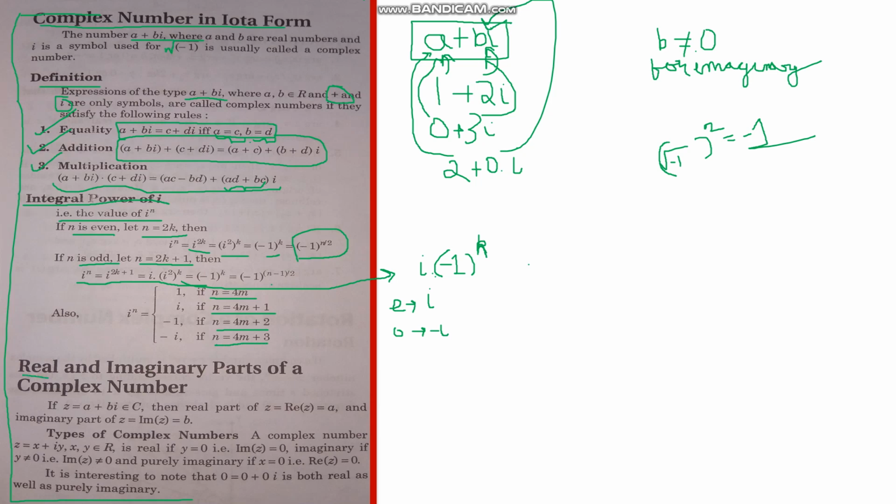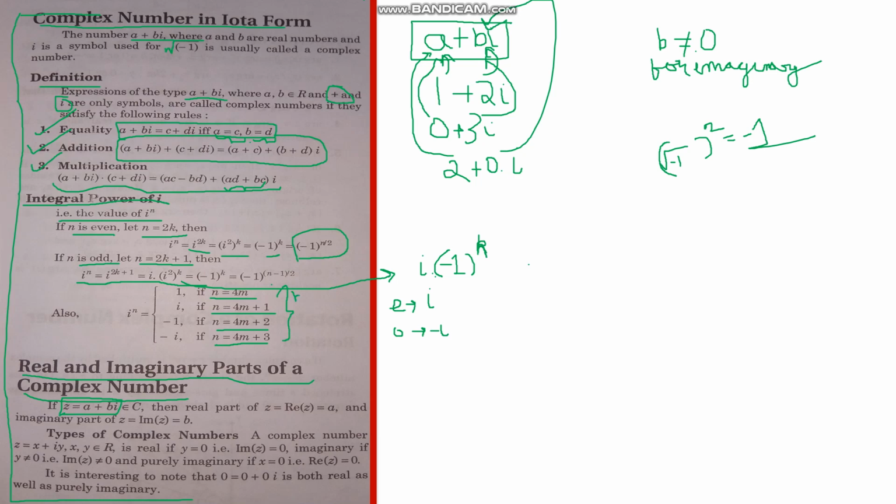Now our topic is real and imaginary parts of a complex number. Before that, this statement, I tell you again, is a very important statement. A complex number can be written in this form very easily, and we can solve many problems by writing a complex number in this form only. First, let me make something easy with this.